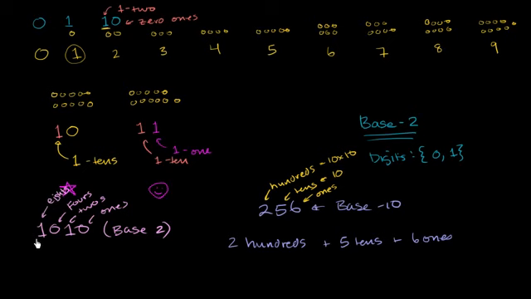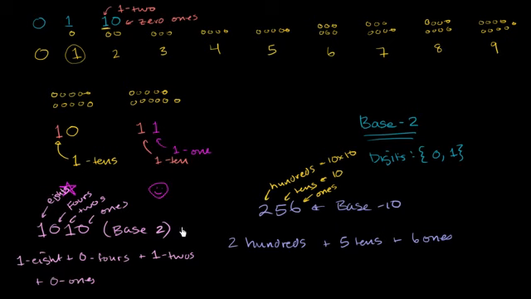So if you wanted to think about this in terms of base 2, this is 1 8 plus 0 4's plus 1 2's plus 0 1's. So if you wanted to represent this exact same number in base 10, it's 1 8 plus 1 2.